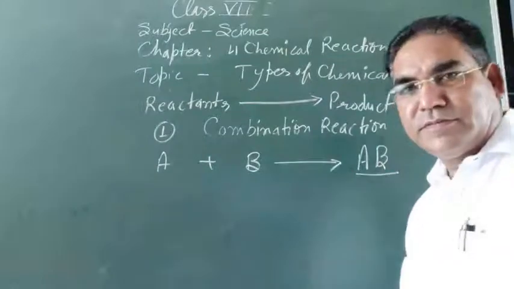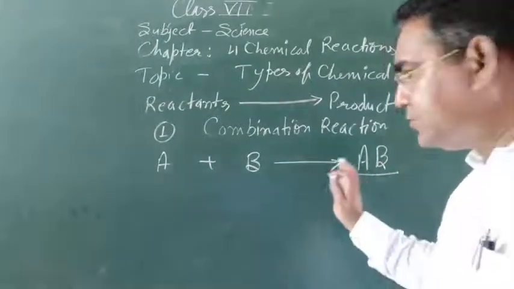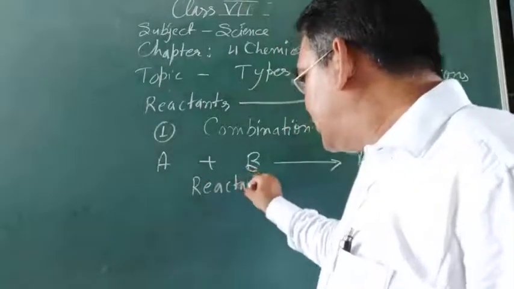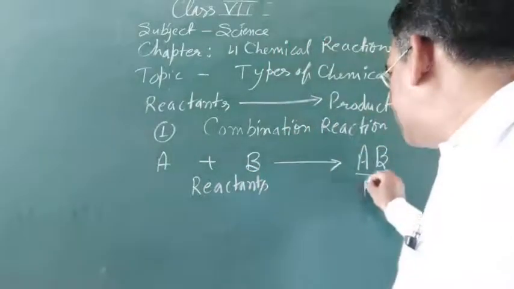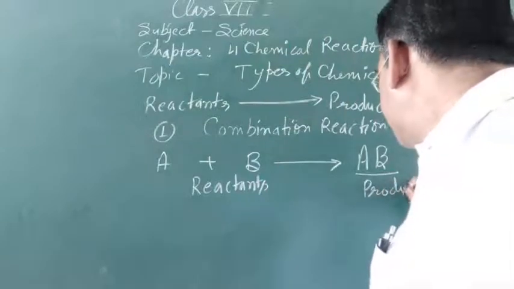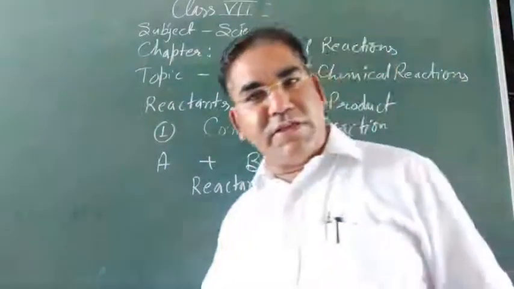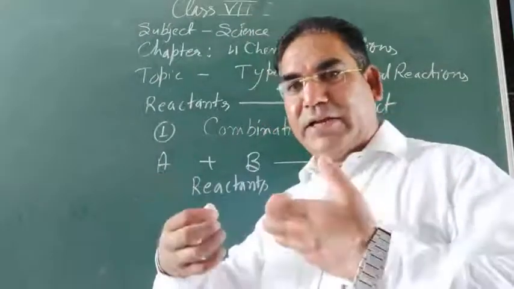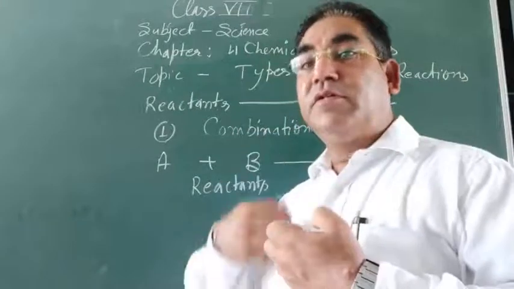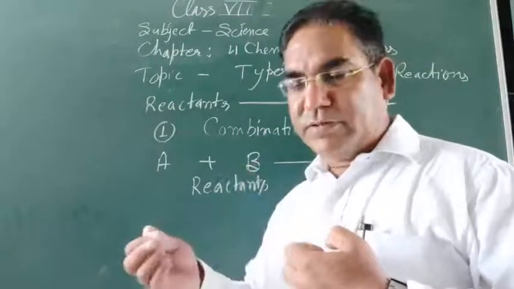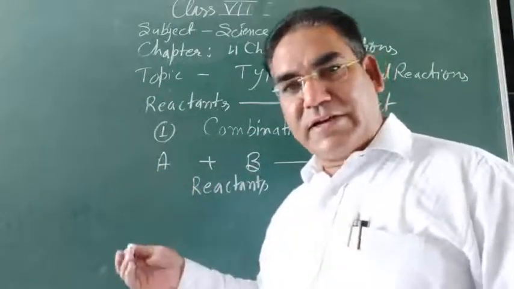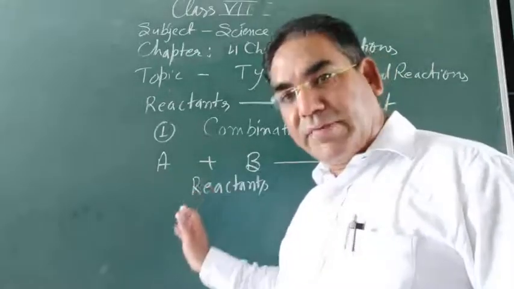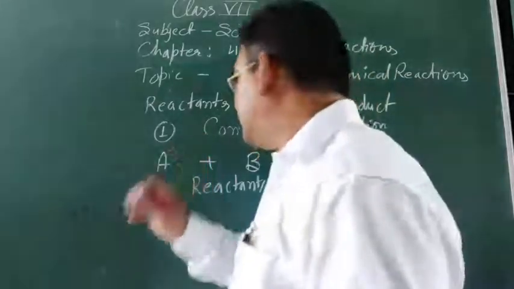This is called AB product. So these are reactants and this is product. So how will you write the definition? When 2 or more reactants combine to form a single product, it is called a chemical combination reaction.